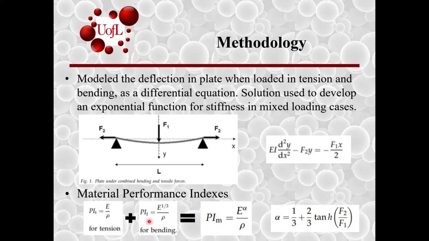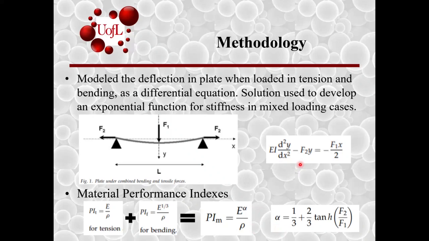They're reasoning that if it's a mixed load condition, our performance index should be some combination of these two. They're proposing that it is Young's modulus raised to alpha, which is some exponential function, over rho.